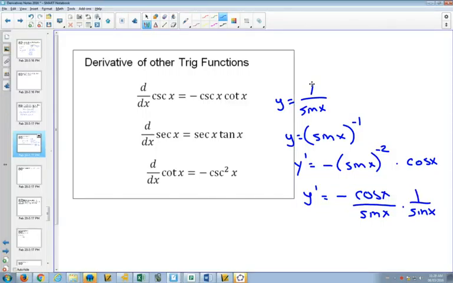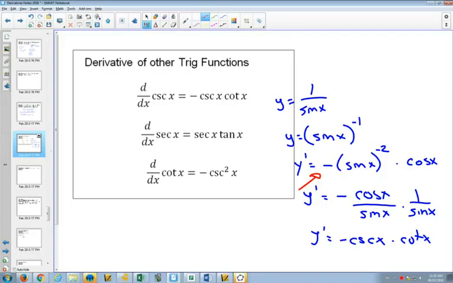Well, 1 over sine x is cosecant, and cos over sine is cotangent. So I have negative cosecant x from that one times cotangent x from the first one. And it matches the same as what shows up as the formula. Okay? If you were asked for the derivative of cosecant and you wrote it in this form on a test, it would be perfectly fine.